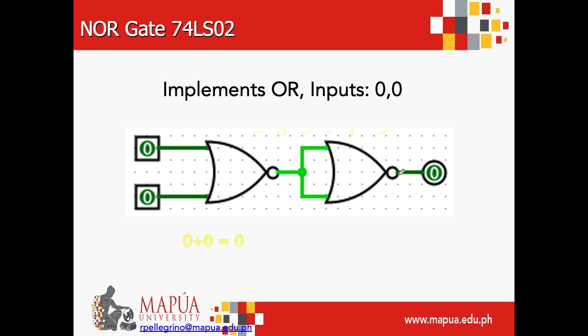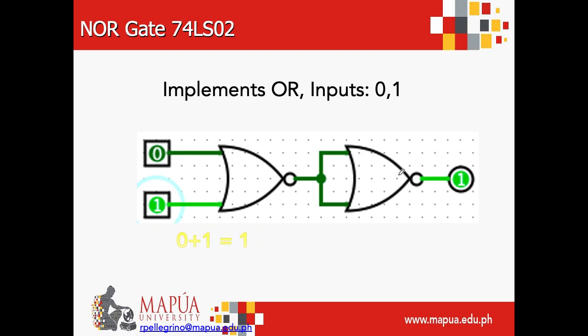So for example, we have input 0, 0, where 0 or 0 is 0, complement is 1, and the complement of 1 is 0. So for input 0, 1, 0 or 1 is 1, complement is 0, and then complementing that again gives us 1, which is true.